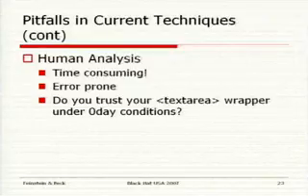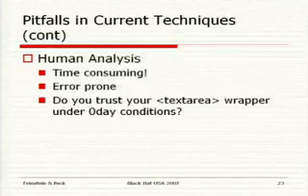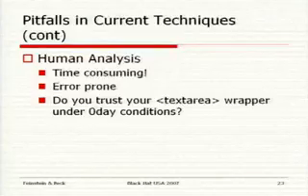It's very error prone. You take a lot of time running through the various layers of the scripts, the onioning as it's known. And it's not that safe. As we mentioned earlier, you have your text area wrapper under 0-day conditions. They're probably going to be closing up that text area whenever they're running the script. And then you get stuck doing the same thing.